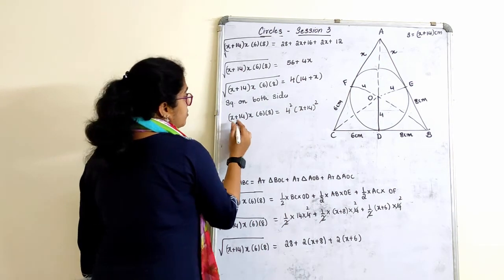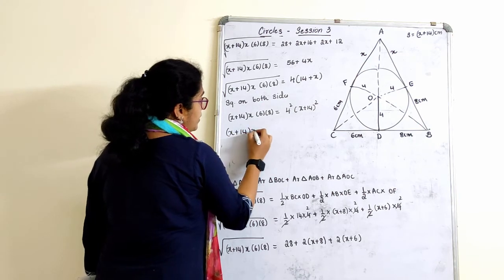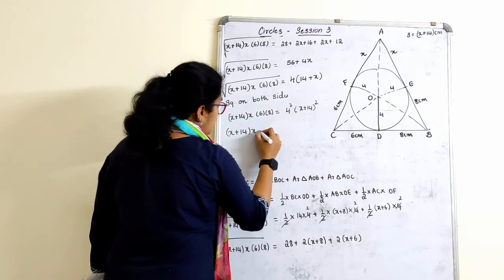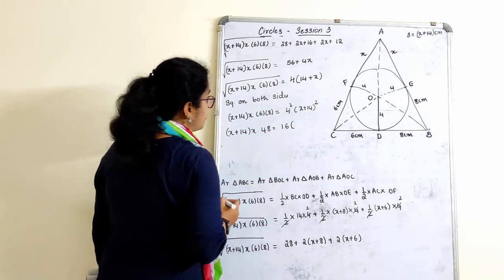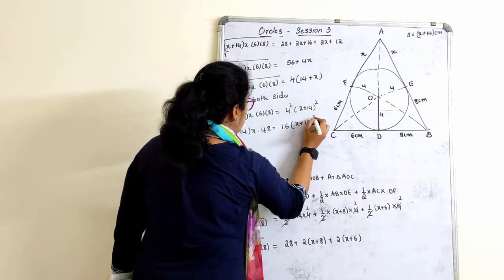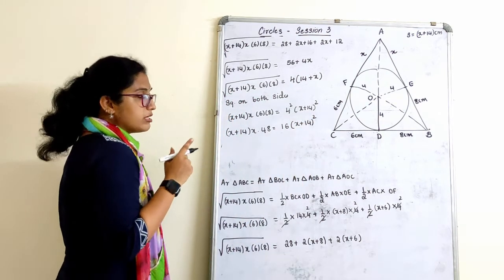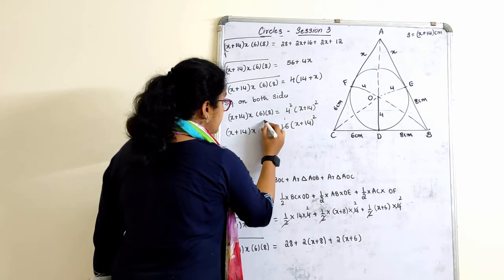Okay. So x plus 14 of x, 6 4s are, okay, 48 you write if you want, is equal to 16 of x plus 14 whole square. I will not substitute that. I'll tell you why. Now 16 1s are, 16 3s are.